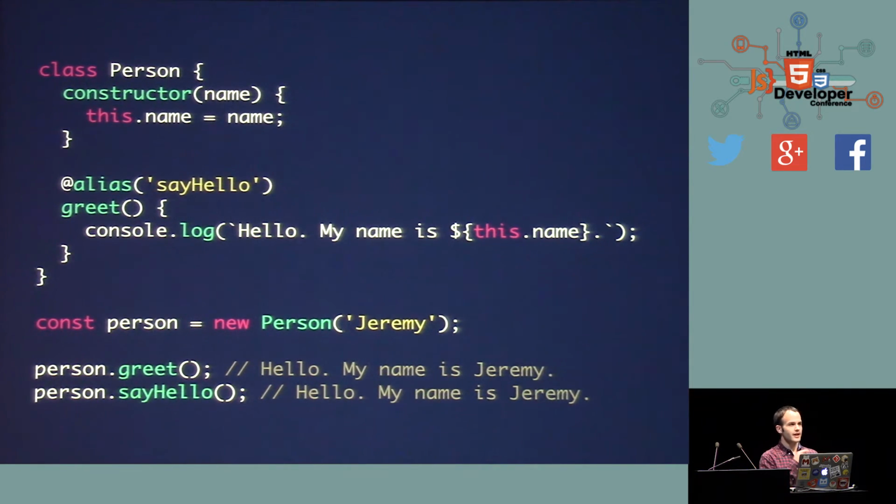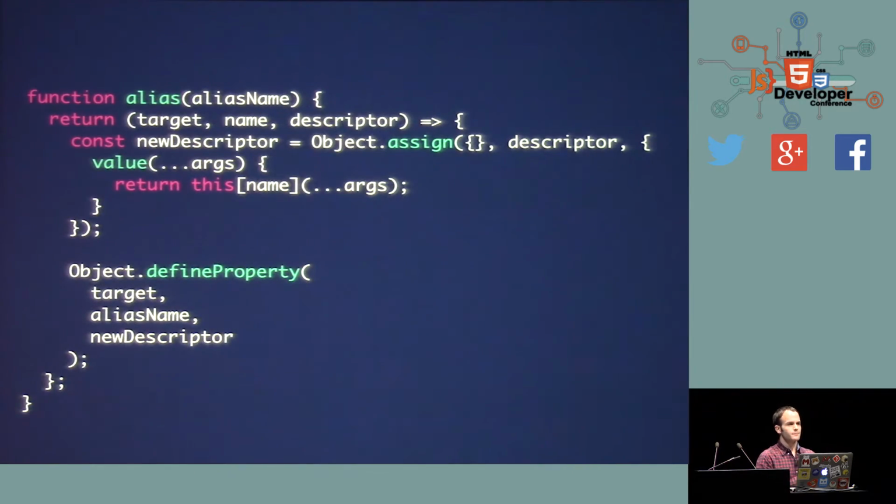So there's nothing really special here, in fact. When I invoke alias like a function, that's because it is a function. And all it needs to make sure it does is it returns a function. Remember, this just has to evaluate eventually to a function which will be used as the final decorator. So if we dive into alias, here's what I mean. We take an alias name, that's the only parameter. And notice now we're returning a new function that takes the target, the name, and the descriptor.